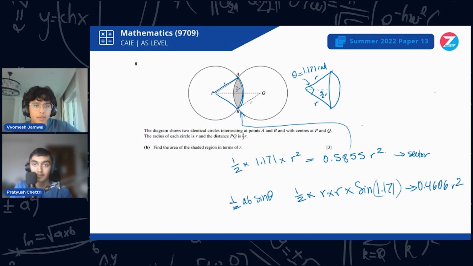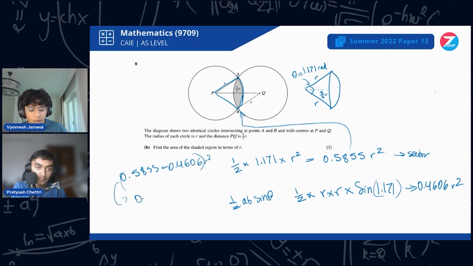With that given, we could just subtract both of these values. 0.5855 minus this would give us 0.1249 r squared.